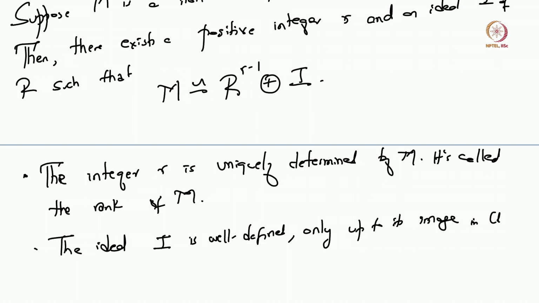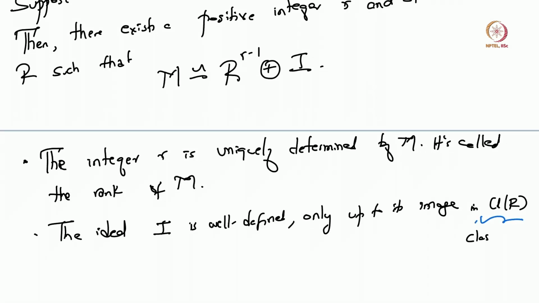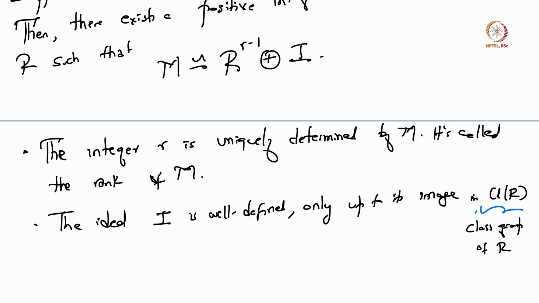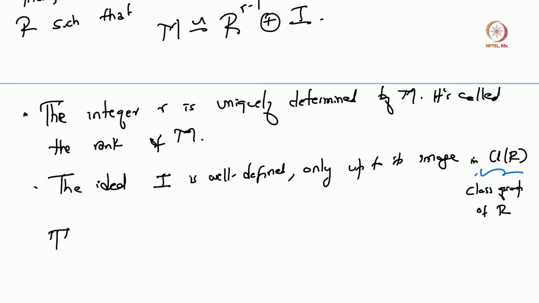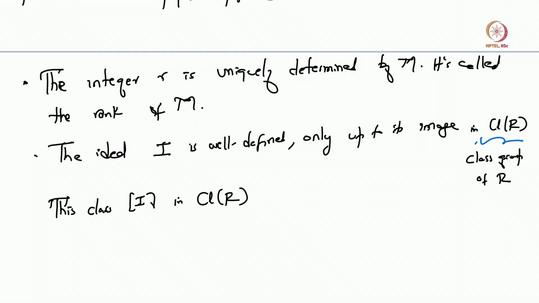As a reminder, Cl(R) is the class group of R. It's the quotient of the fractional ideals modulo the principal fractional ideals. The class of I in the class group, this equivalence class, is called the Steinitz class of I, or of M.